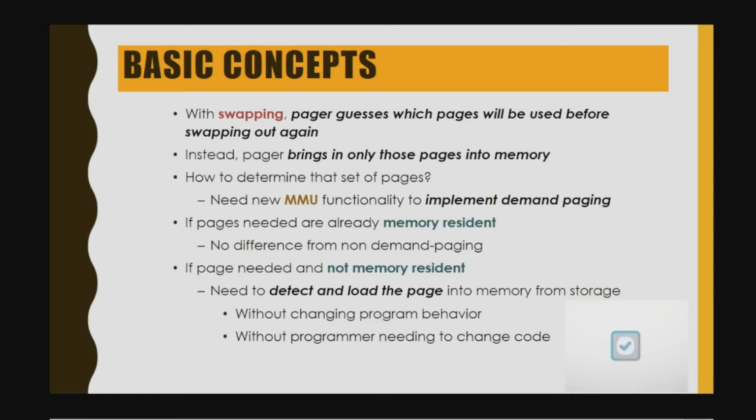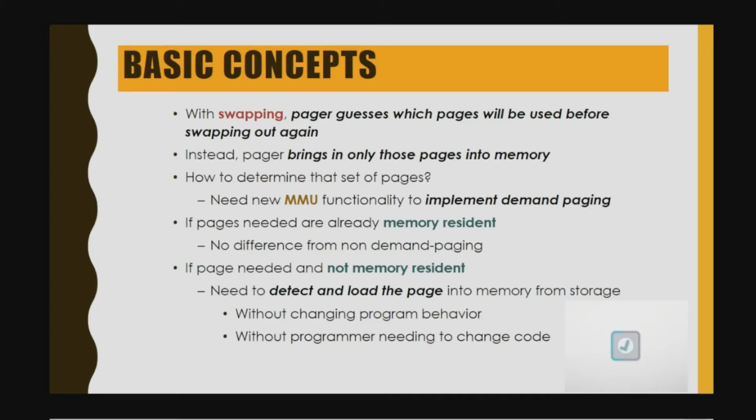Okay, the basic concept with swapping: the pager guesses which pages will be used before swapping out again. So instead, the pager brings only those pages into memory. And how do we determine the set of pages? We use the MMU, so new MMU functionality needs to be implemented for demand paging. If the pages needed are already memory resident, it is no different from non-demand paging.